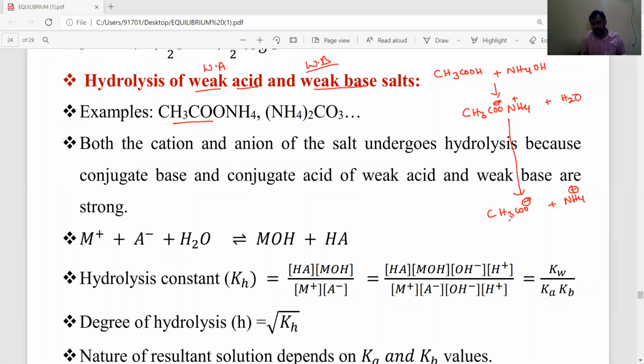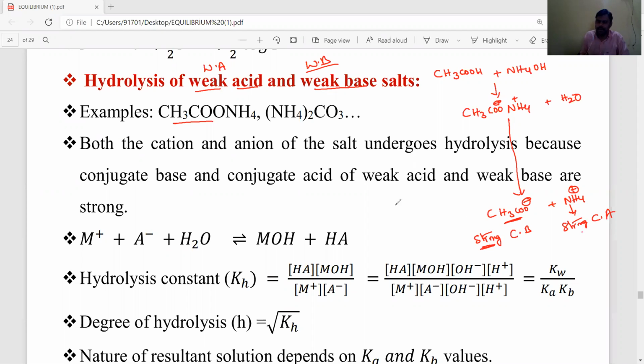This CH3COO minus is the conjugate base of a weak acid, and it is a strong conjugate base. And NH4 plus is the conjugate acid of a weak base, and it is a strong conjugate acid.